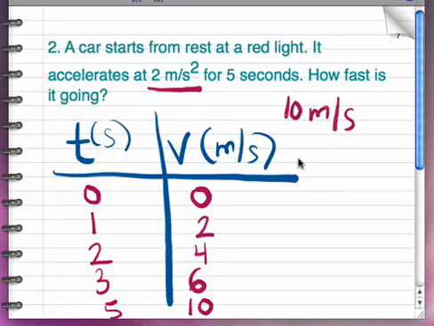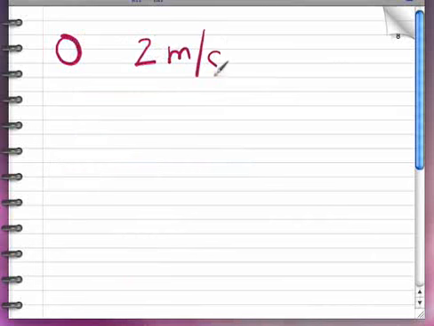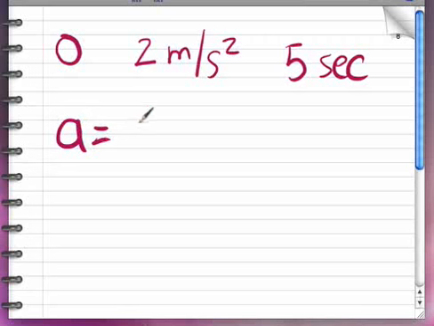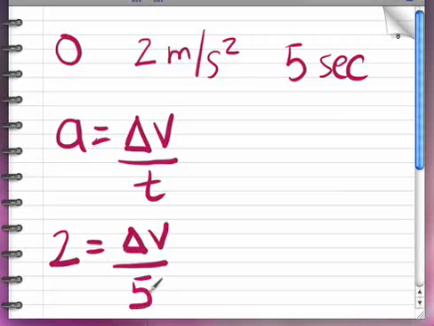We can also figure this out using the acceleration formula. So it started out at a speed of 0. It accelerated at 2 meters per second squared for 5 seconds. Acceleration is change in speed divided by time. So we have 2 equals change in speed divided by time.